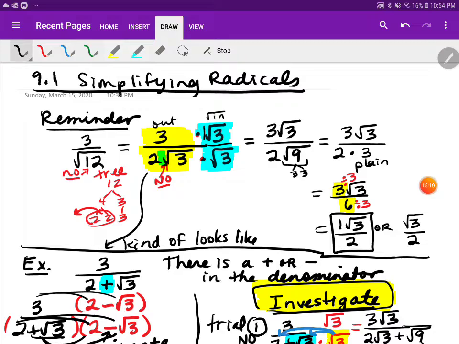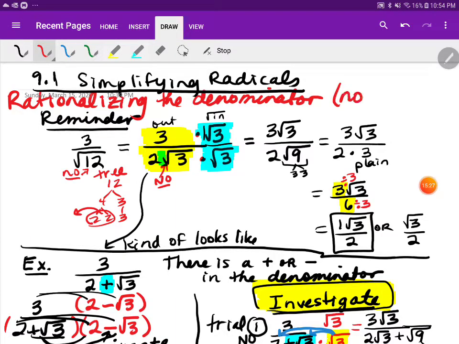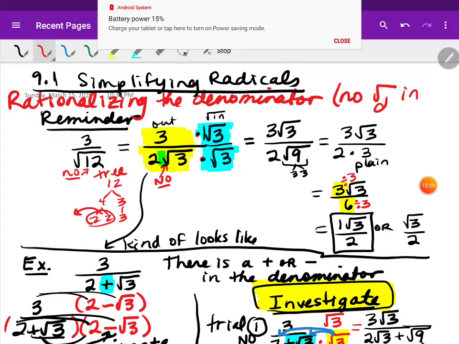I called it simplifying radicals, but specifically both of these topics are still called rationalizing the denominator. Okay, and that's because we want no radical in the denominator.